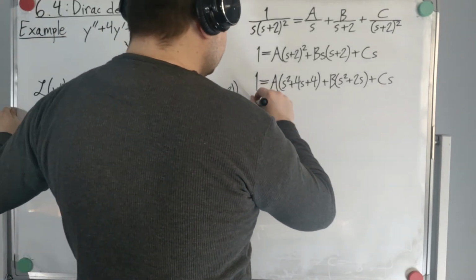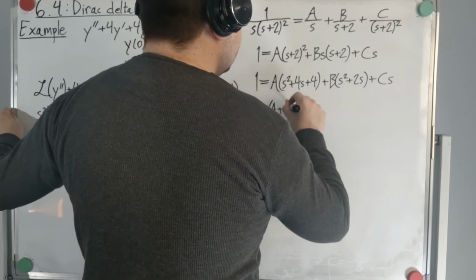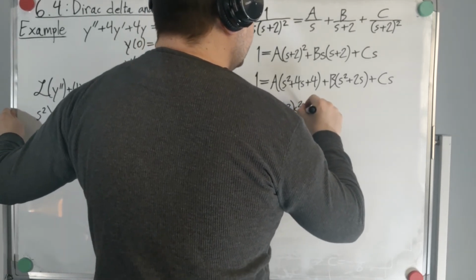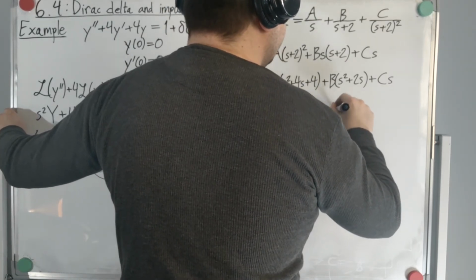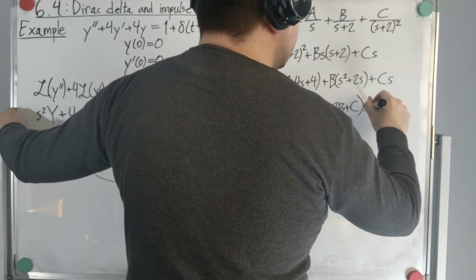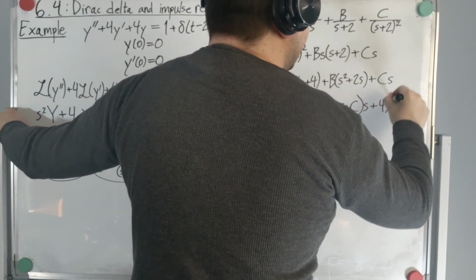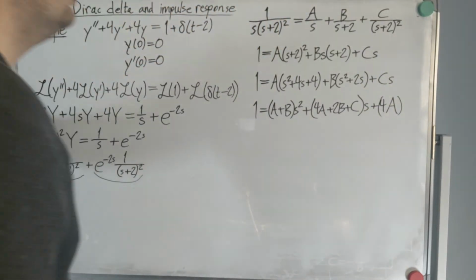In that case, 1 equals A plus B times s squared plus 4A plus 2B plus C times s plus 4A times s to the 0.